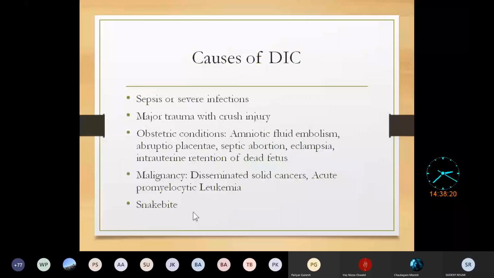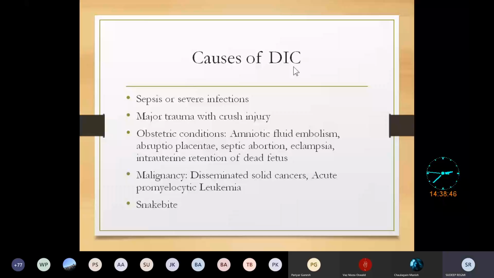Now, what are the causes of DIC? We talked that for DIC to happen, there should be release of procoagulant in the circulation, and there should be activation of the endothelial cells or injury to the endothelial cells. These two things are the most important triggering factors for the DIC. But what causes those two things?